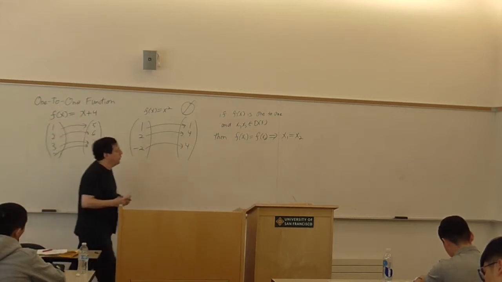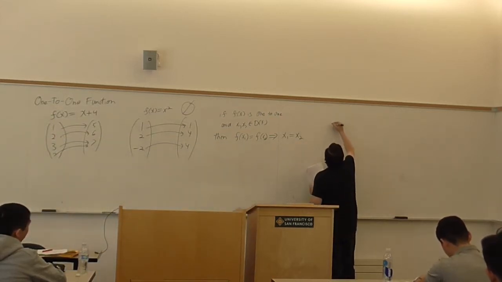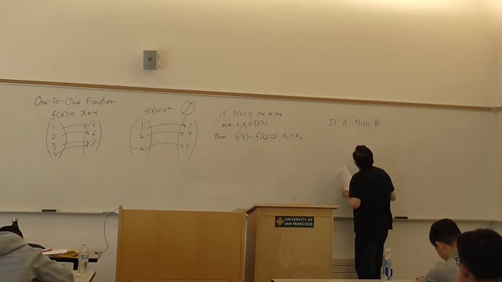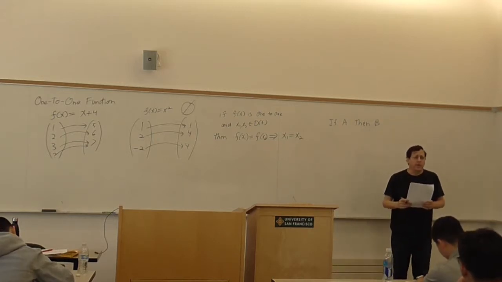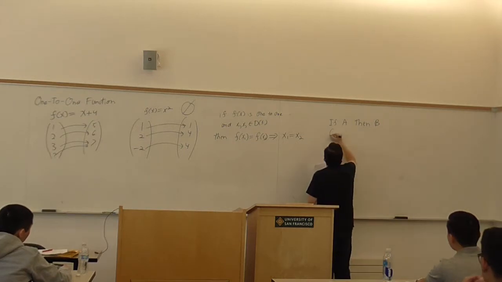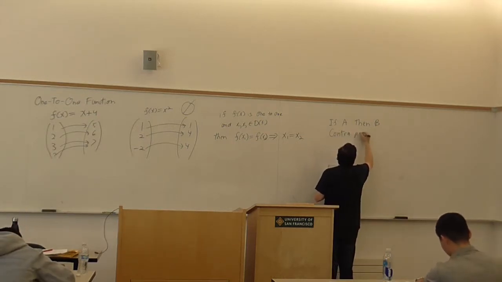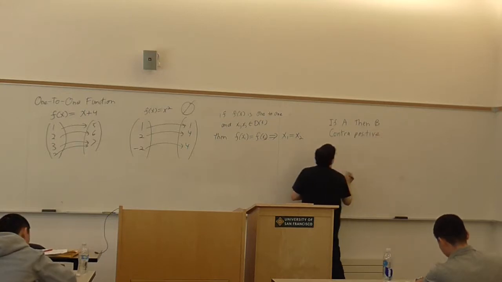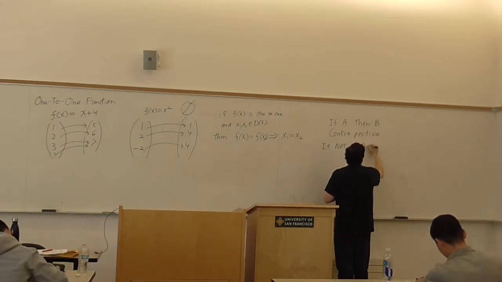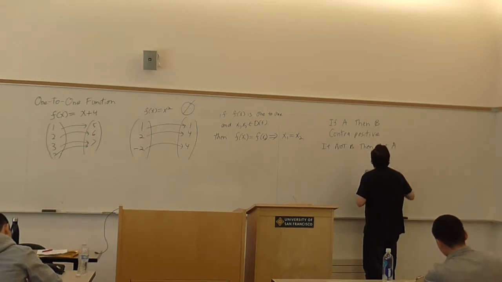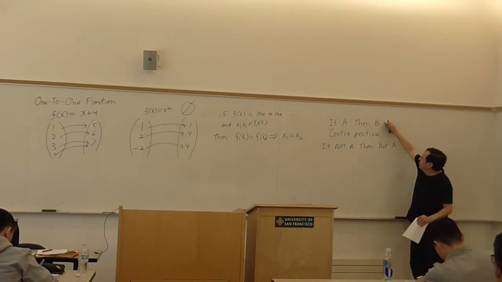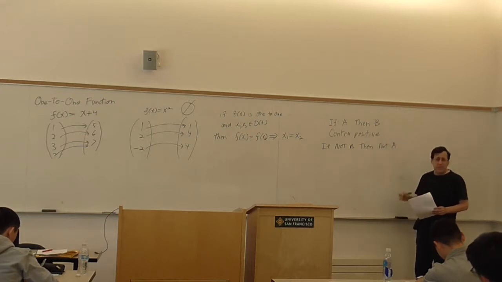So when you're dealing with theorems, theorems look like: if A, then B. And the contrapositive of this statement looks like this: if not B, then not A. As surprising as it might seem, these two are always equivalent. They mean the same thing.